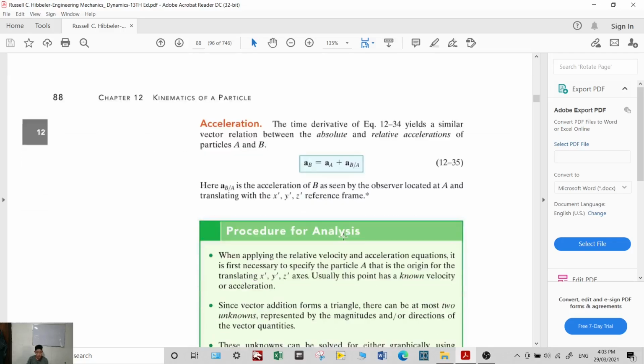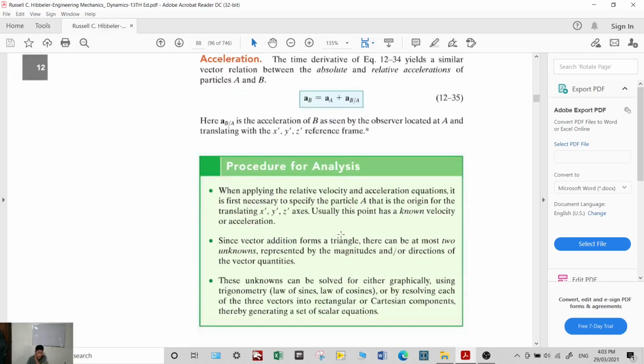So what do you need to do in order to analyze the motion of two particles relative to each other?